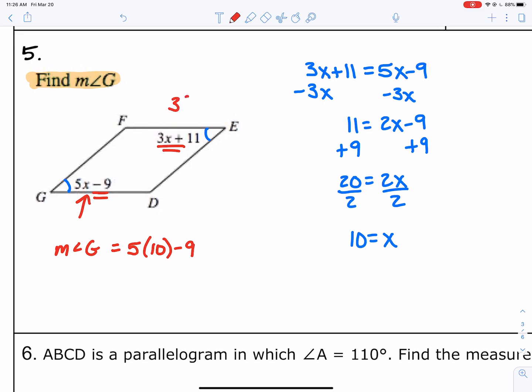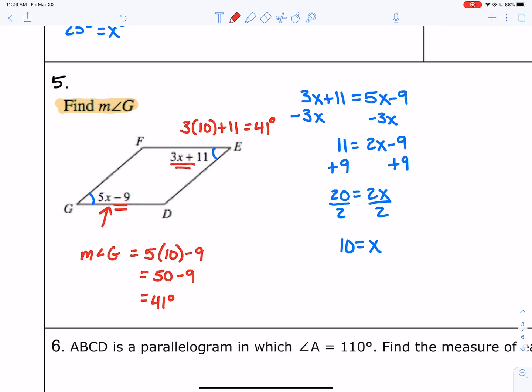But I just want you to notice that 3 times 10 plus 11 will give us the same amount. So 30 plus 11 would give us 41. 5 times 10 is 50. And 50 minus 9 is also equal to 41, which is just a good check that you've got everything correct in the problem.